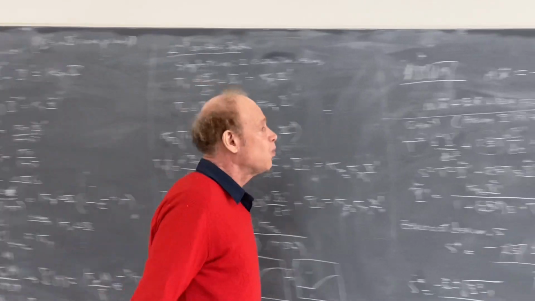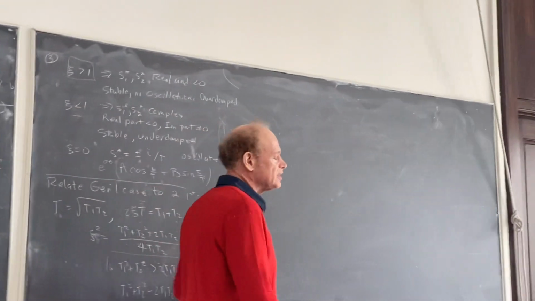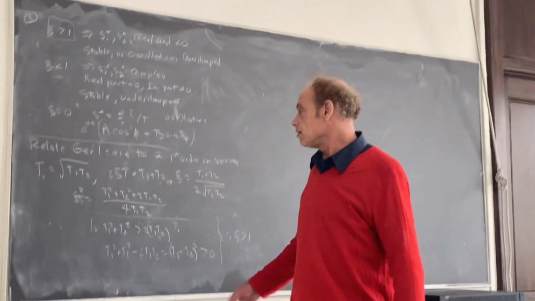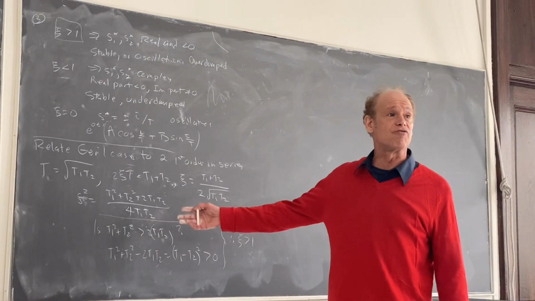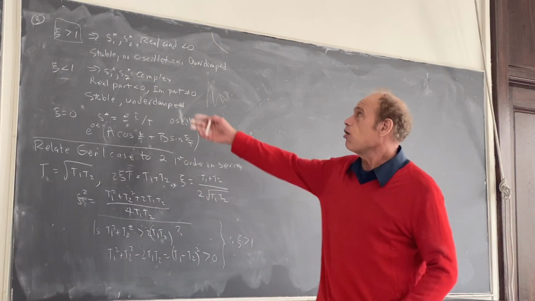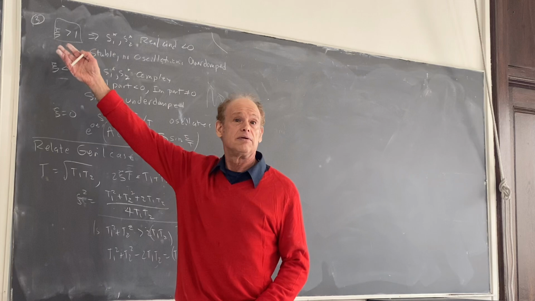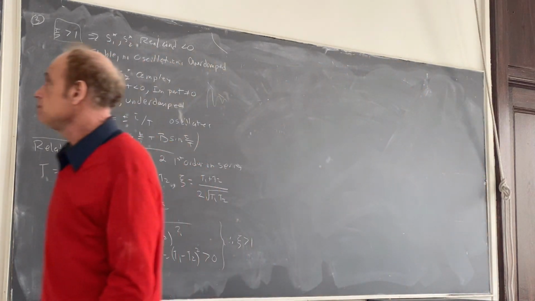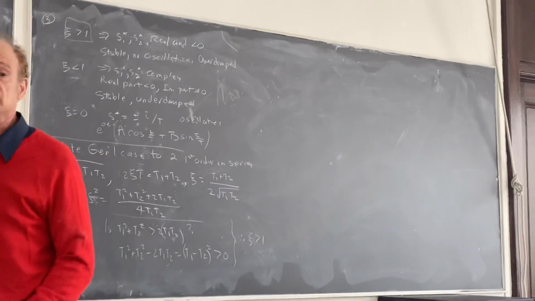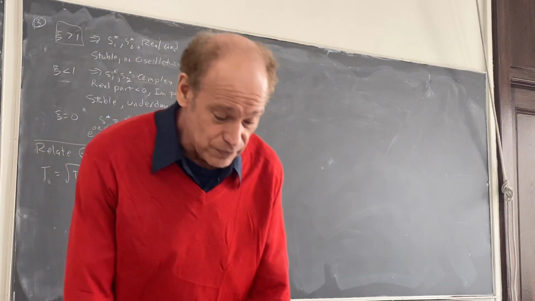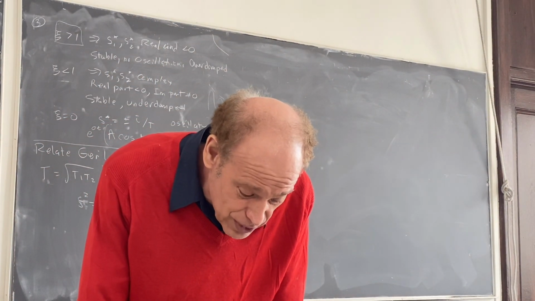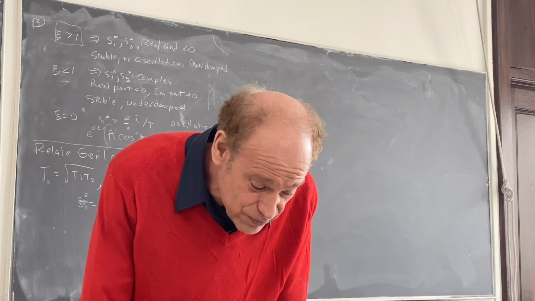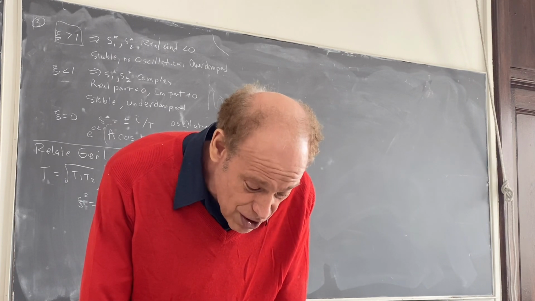And now we can see why two first-order systems in series are always stable and always overdamped, because they always have C greater than 1. But in the general second-order system, that doesn't have to be the case. I can have C less than 1 as well. Are there any questions on that so far?